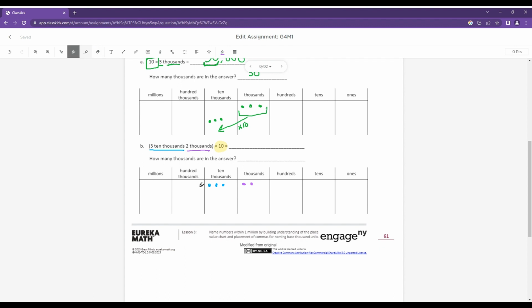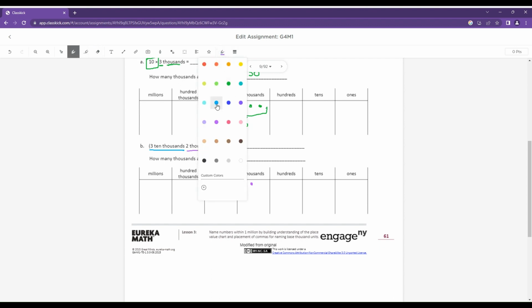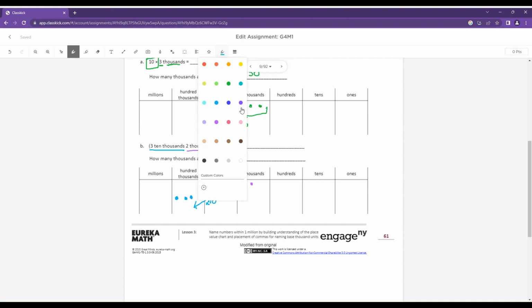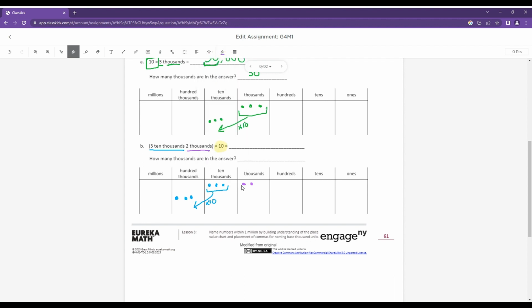So when I multiply by 10, all I need to do is shift them over to the next largest place value. So these 3 10,000s, when they're multiplied by 10, are going to move over to the 100,000s. And same thing with the thousands. When I multiply them by 10, they're going to move over here to the 10,000s.